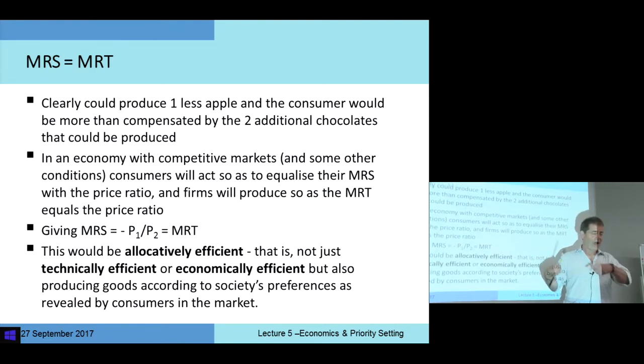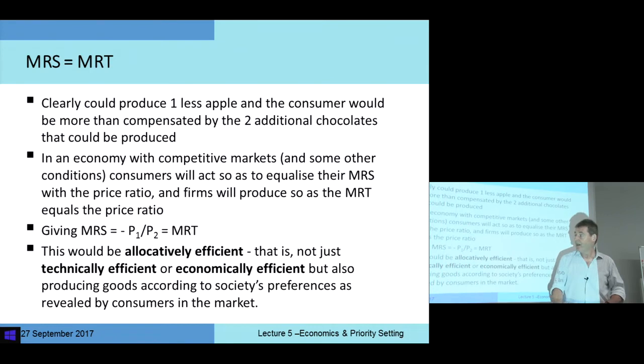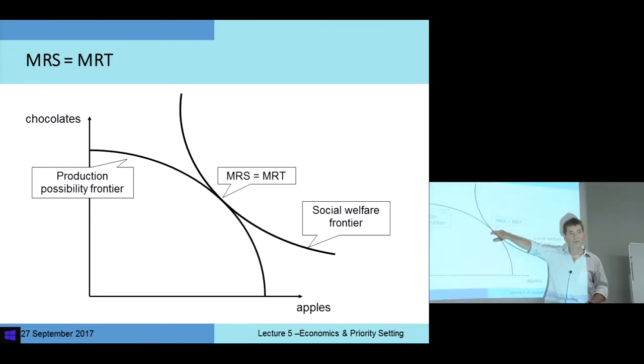It will set prices such that you end up here. I'm not going to demonstrate this because it would take too long. You end up in your best possible place.